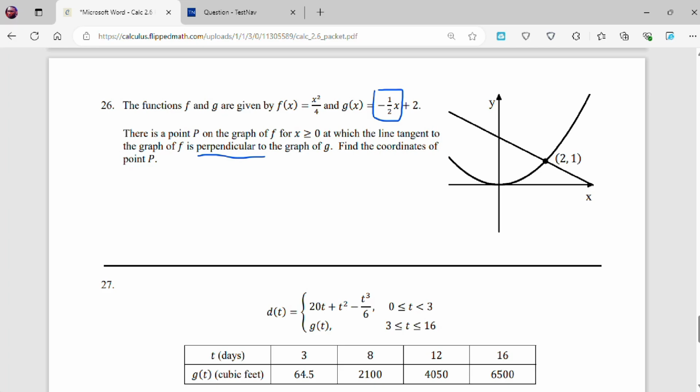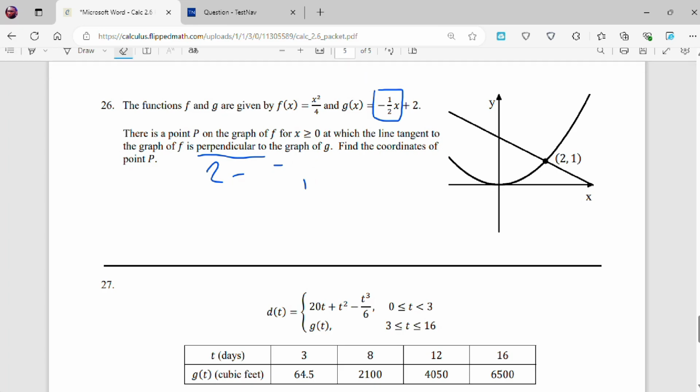So g of x is negative 1/2 x, that negative 1/2 is the slope. But since it's perpendicular, it's going to be 2, negative 2 over 1.